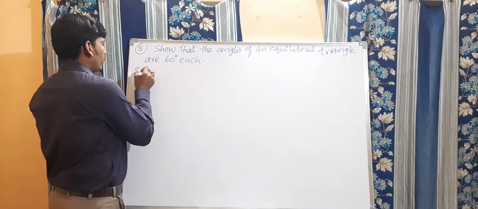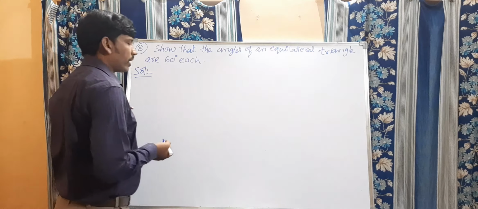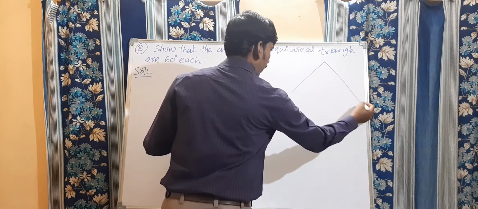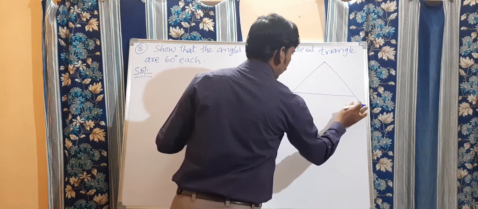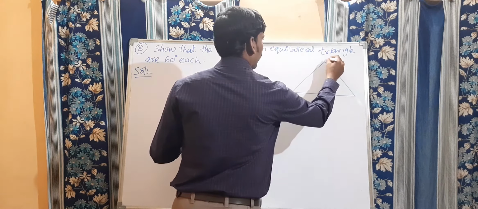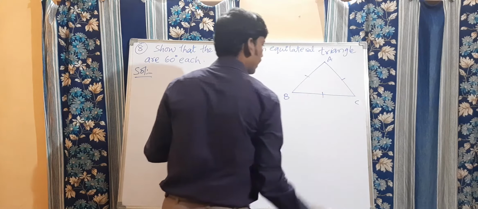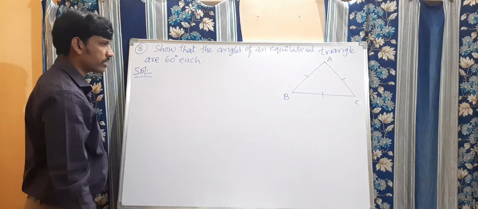Now, see this here. You can also do this by using the isosceles triangle. In an equilateral triangle, we know that all sides are equal, right? A, B, C. In this, all sides are equal. Clear, my dears? Now see this.